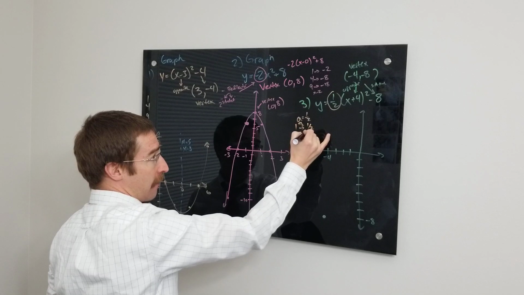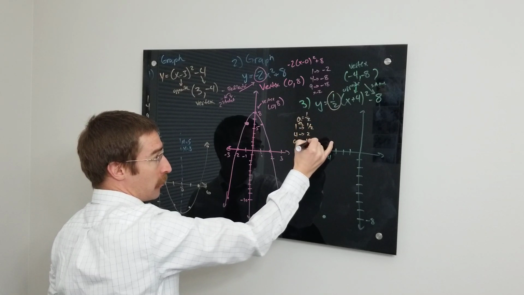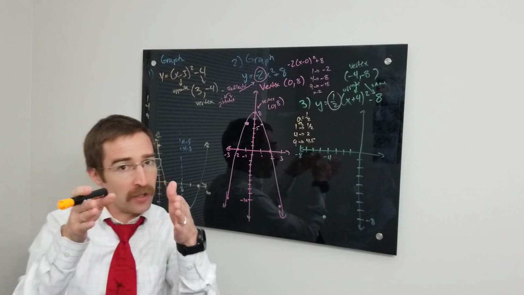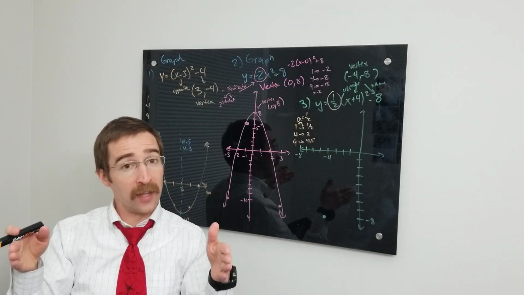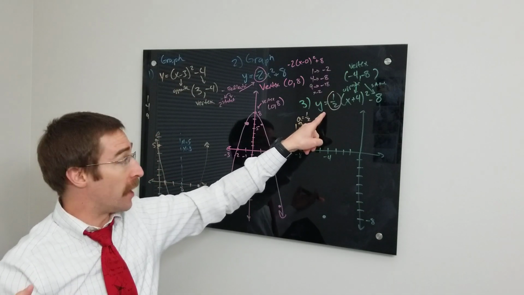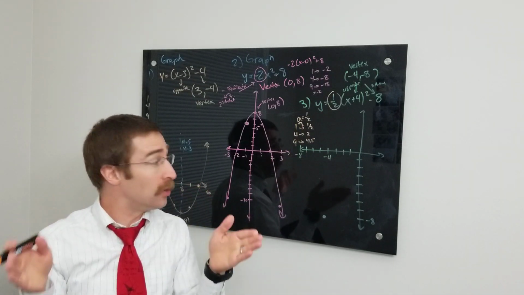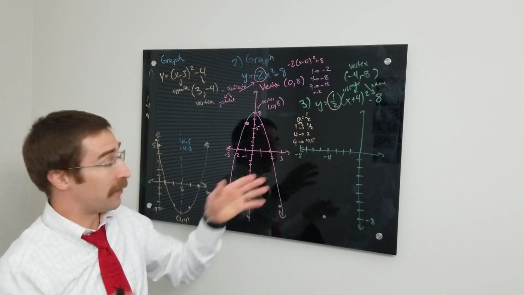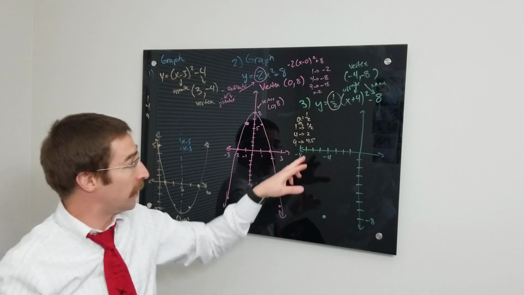So we get 1/2, 2, and 4.5, or 9/2. And that tells us if we start at that vertex, if we go right or left 1, we're going to go up 1/2 this time. And it's going to be up because it's positive. If I go right or left 2, instead of a 4, it's going to be up 2. And if I go right or left 3, instead of going up 9, I'm going to go up 4.5.